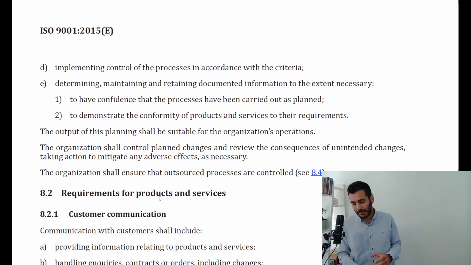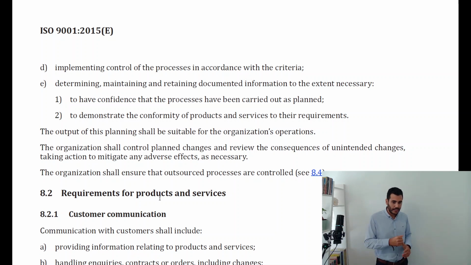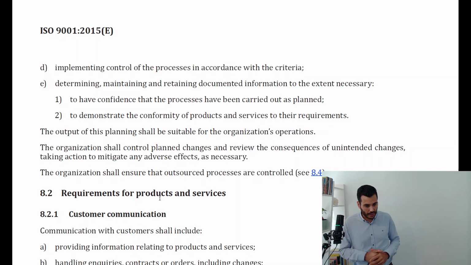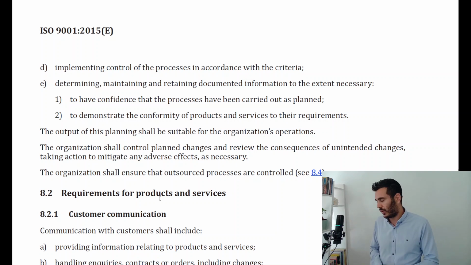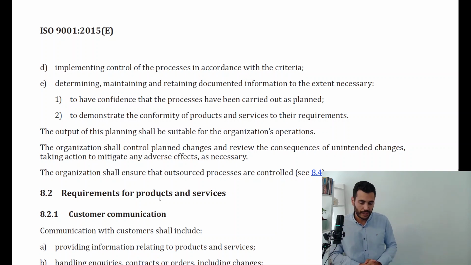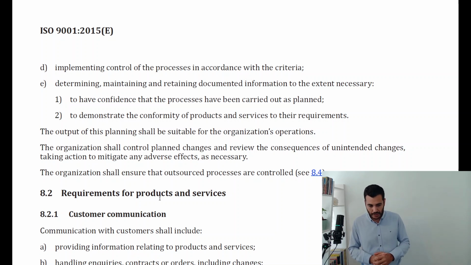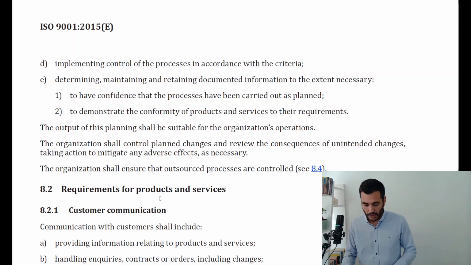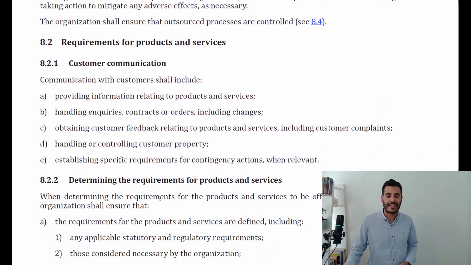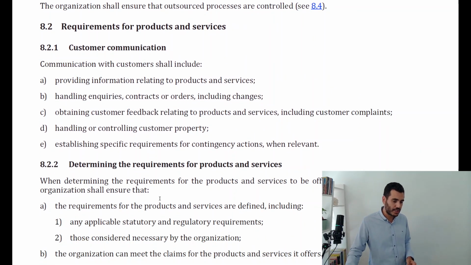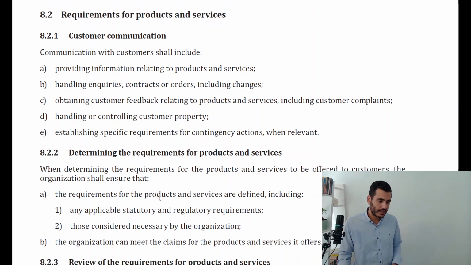This has already been mentioned in Clause 6.3. The organization shall ensure that outsourced processes are controlled, and that is controlled in Clause 8.4. So effectively, there is nothing that we need to do to meet the requirements of Clause 8.1 because it's effectively a summary of what has been mentioned in different clauses within the standard.